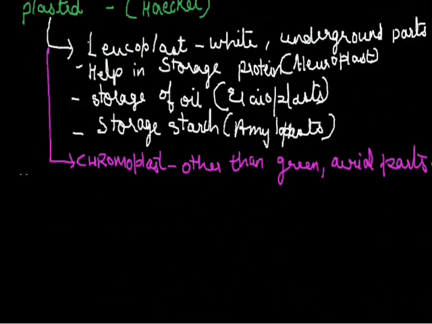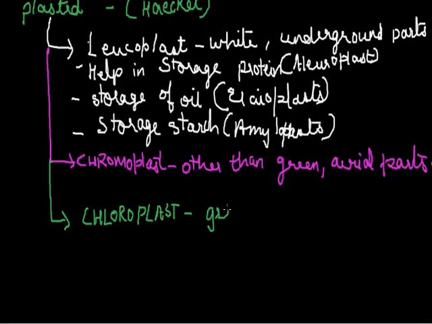The third type, and the most important of all, is the chloroplasts, and they are green in color. Most of the photosynthesis occurs in this. They contain the green colored pigment chlorophyll.